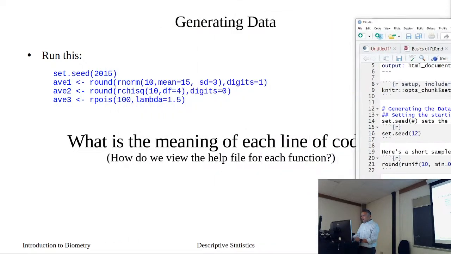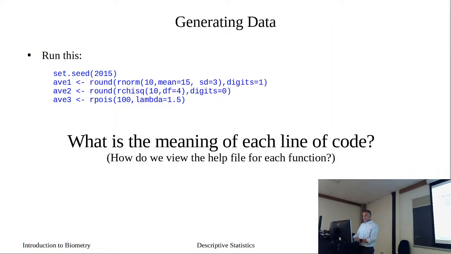Then I'm going to move this out of the way so that I can copy these codes. So go ahead and do that, and then I'll talk you through what each line is doing. Oops. I guess we're using the chi-square instead of the exponential.